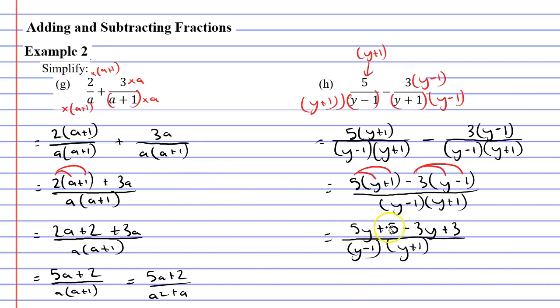Okay, 5y minus 3y will give me 2y. And 5 plus 3 will give me 8. So I have 2y plus 8 for my numerator, and my denominator stays as y minus 1, y plus 1.